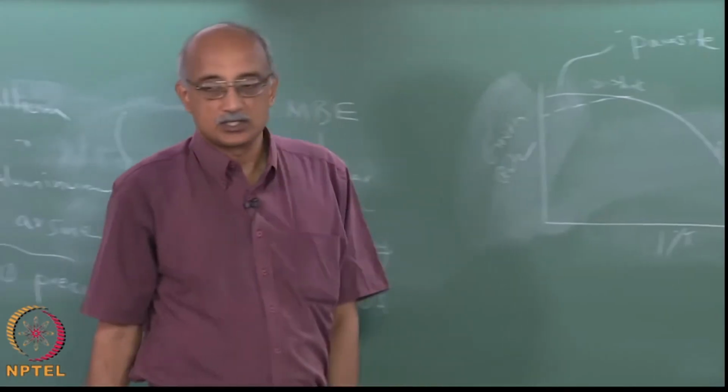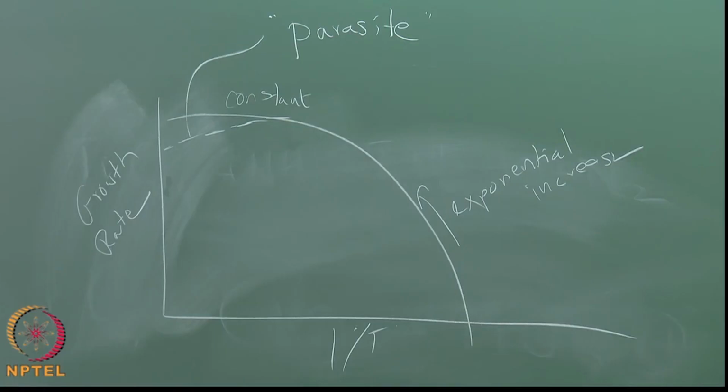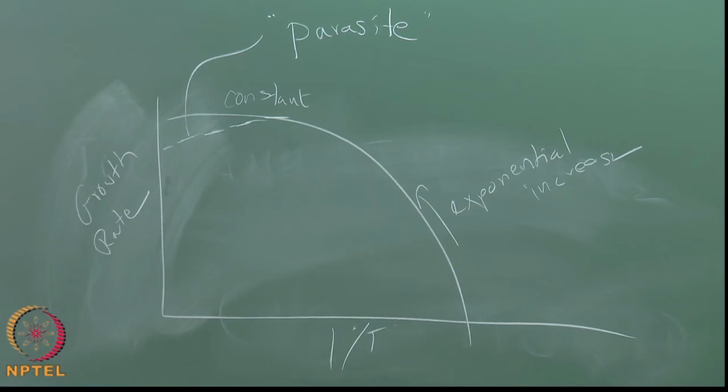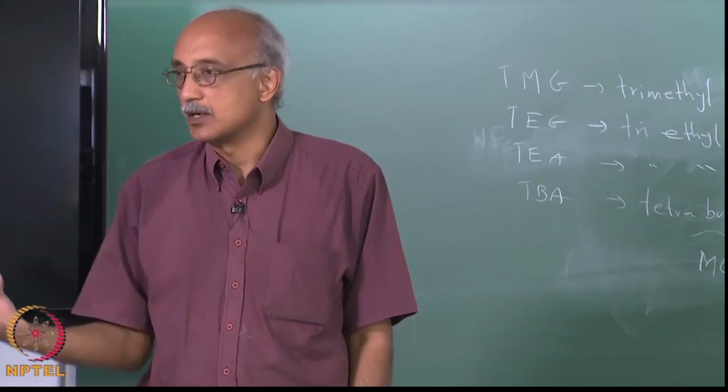A parasitic reaction is one that essentially scavenges the species that should be depositing as a film and instead causes it to form a different product.